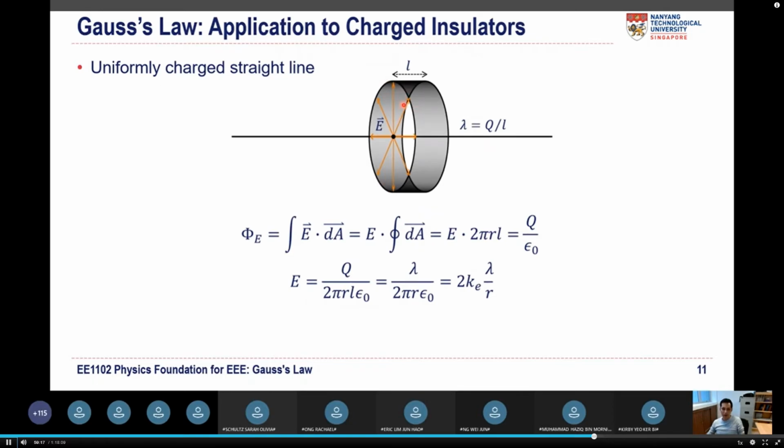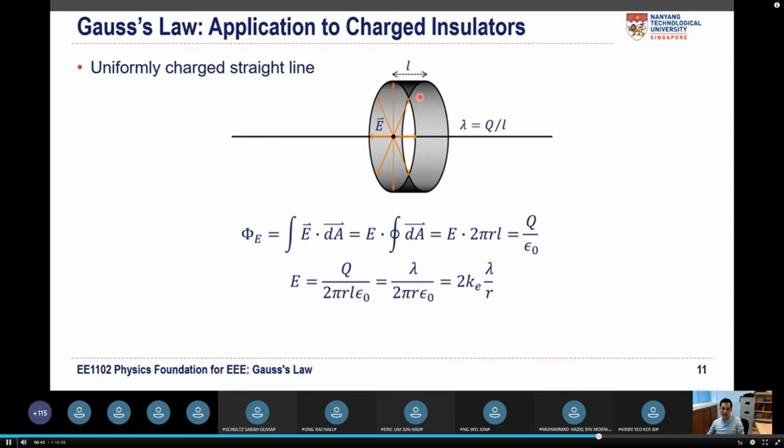That's because on this curved cylindrical surface, there's always going to be an infinitesimally small area that is normal to the direction of the electric field, because the electric field is always projected outwards from this charged line.